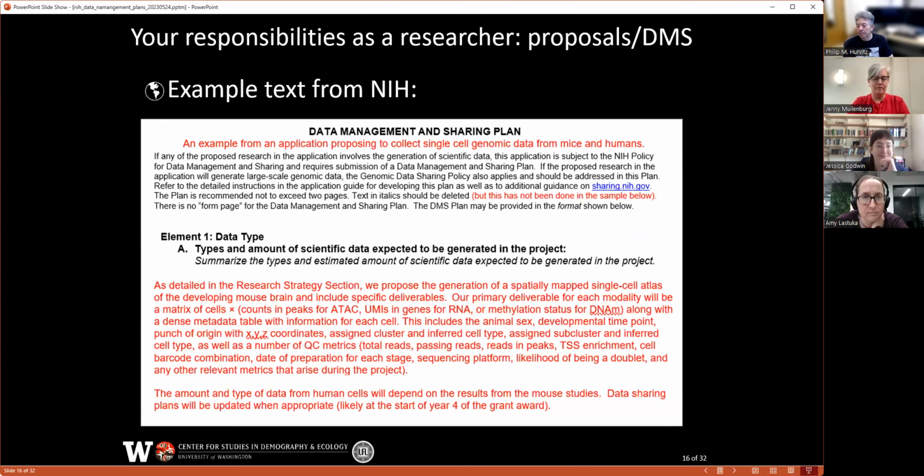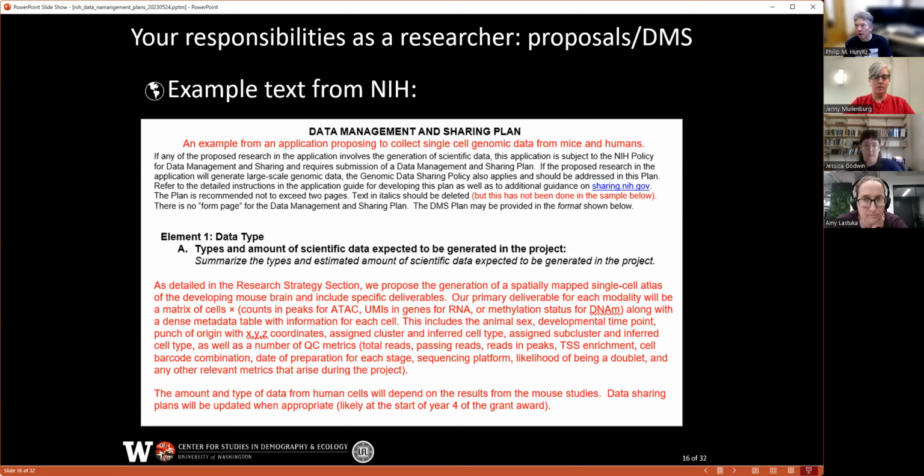There are some examples of actual language on the NIH website. So here's an example from element 1, item A, and I'm not really going to read that, but obviously somebody that's doing some kind of genetic work, but just to give you the idea of the kinds of information that they're going to be looking at.